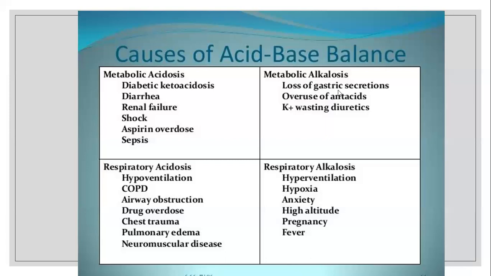Examples here are loss of gastric secretion through vomiting, overdose of antacid, and potassium-wasting diuretics. So any problem related to vomiting or suctioning is metabolic alkalosis.